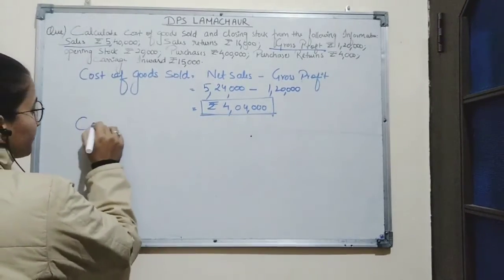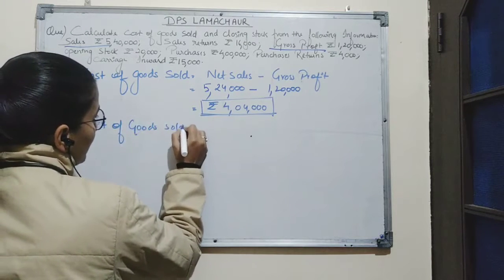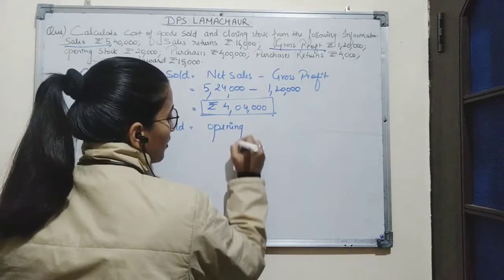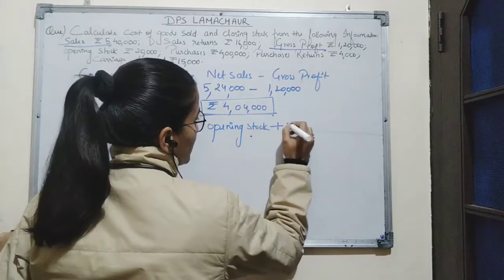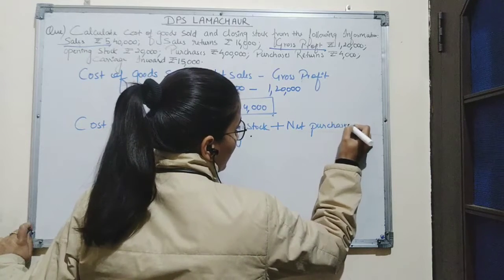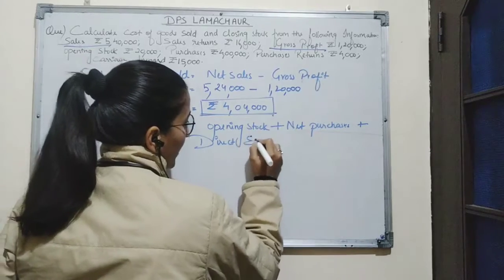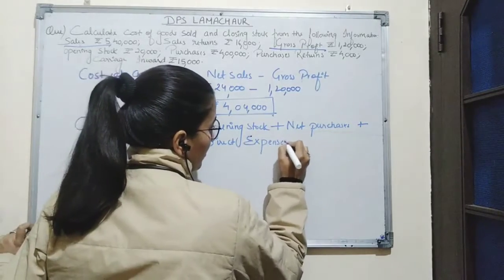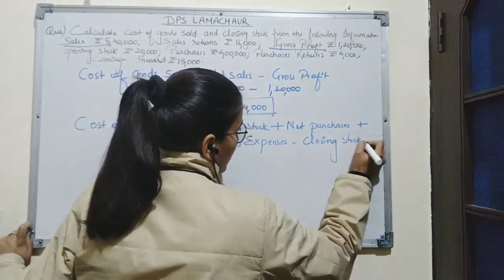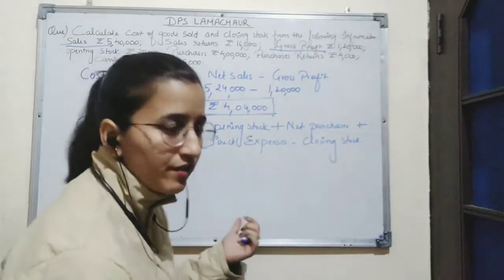So as we know, cost of goods sold is also calculated as opening stock plus net purchases plus direct expenses minus closing stock. So in this formula, we'll put the values which is given in the question.